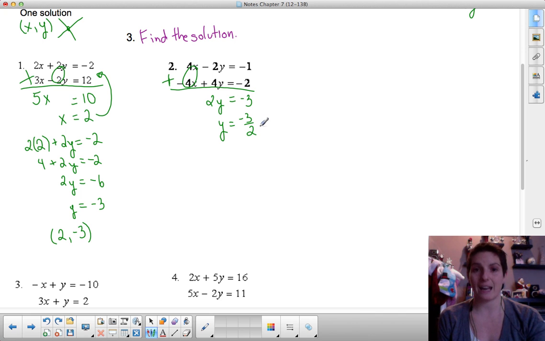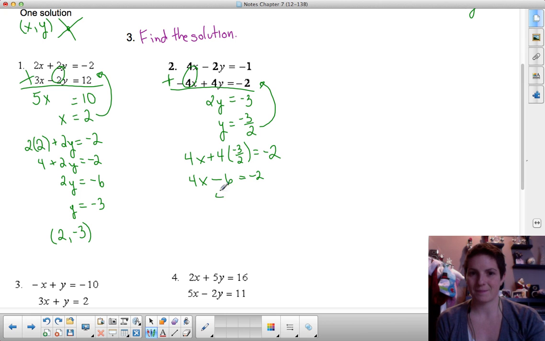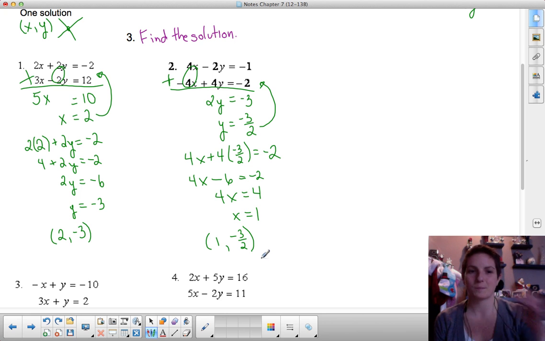Go back and plug this in anywhere there is both an x and y. Again, hopefully number 2 worked out just fine and you're doing good.